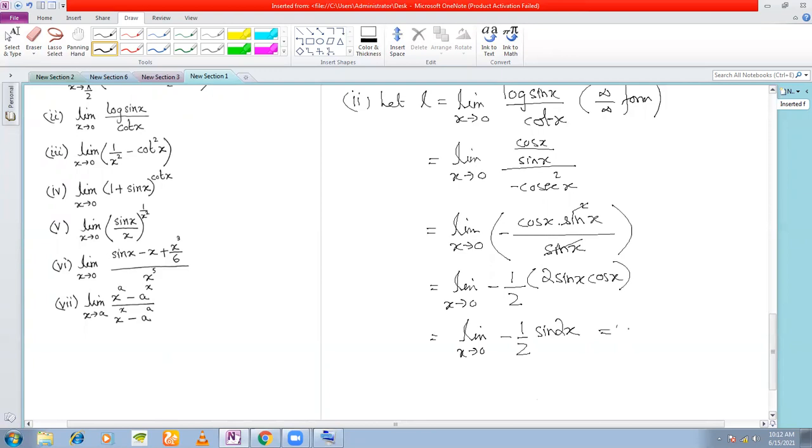Now you put x is equal to 0, you get simply 0. So the value of this limit is 0. Okay, you'll write here, here we have applied L'Hospital's rule. Write L'Hospital's rule. Okay, we proceed to the next one.